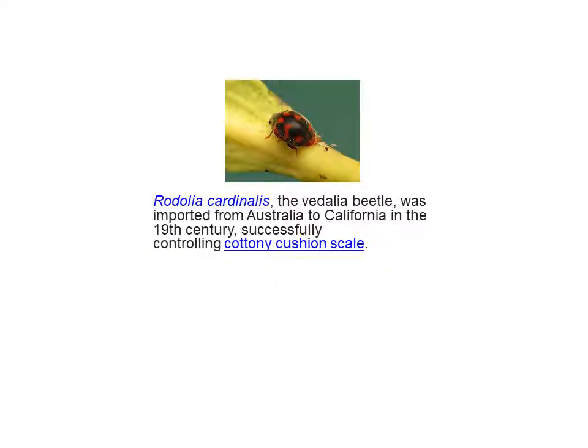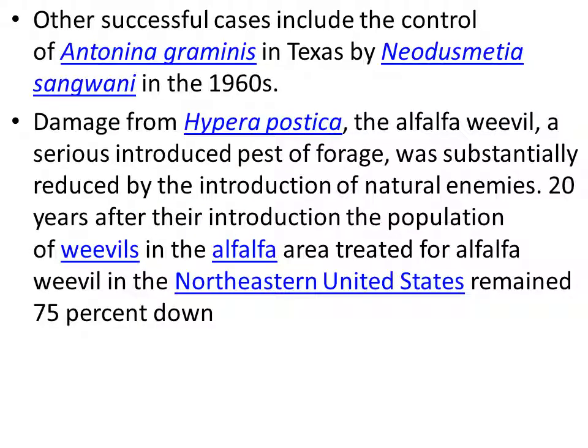Now, the beetle Rodolia cardinalis, which is termed the Vedalia beetle, was imported from Australia to California in the 19th century, controlling a very specific insect, the cottony cushion scale Icerya purchasi.